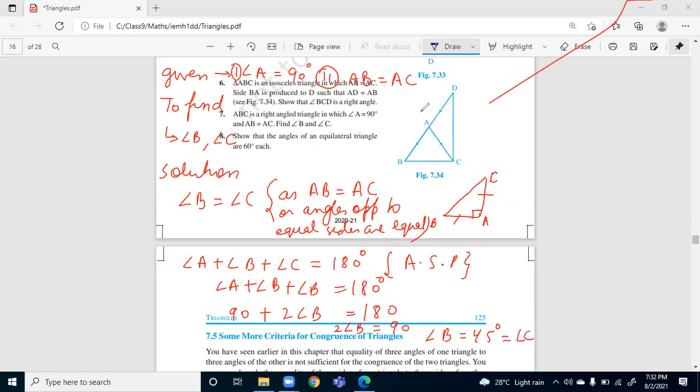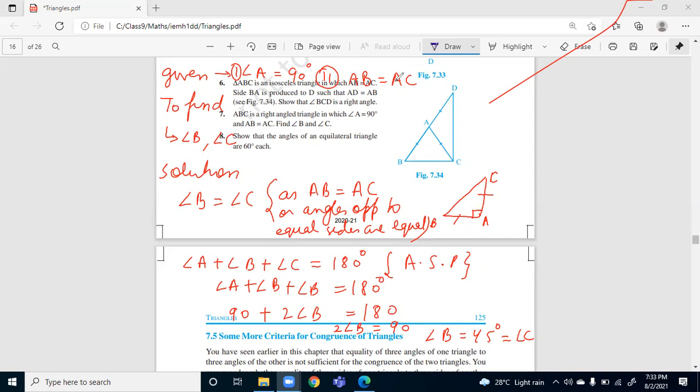Excellent. I think Dhanvi has also done the same answer. Yes, Dhanvi, very good. So the things are easy here. You are being given one angle, and it is a right angle isosceles triangle, so it is right angled and isosceles also.